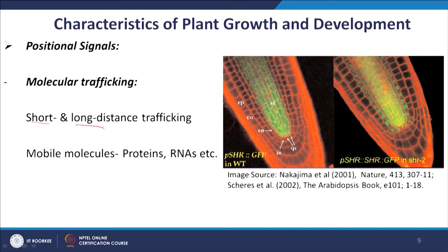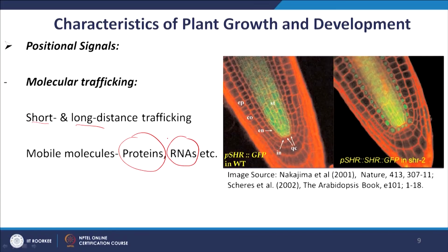Trafficking means that there are a lot of signaling molecules, in the form of proteins, messenger RNA, and microRNA, that have been identified and shown to be generated in one place and move to another place. The movement can be short distance, just to the neighboring cell, or they can move through the transport system over a very long distance.